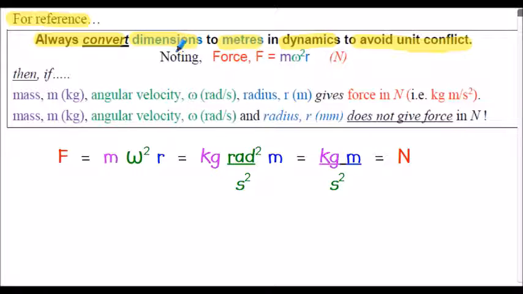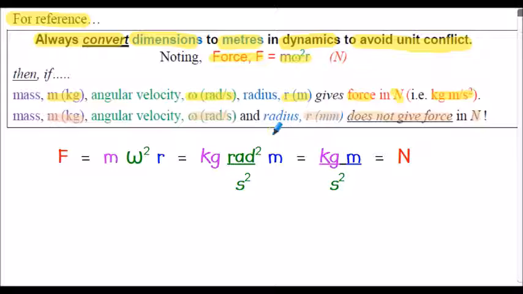If we consider the centripetal or centrifugal force formula, F is equal to m omega squared r, then if our mass is in kilograms, our angular velocity is in radians per second, and our radius in meters, then the force unit will be in newtons. In other words, a kilogram meter per second squared is a newton. If, however, we have a mass unit in kilograms, the angular velocity in radians per second, but the radius in millimeters, this will not give us the force unit in newtons.